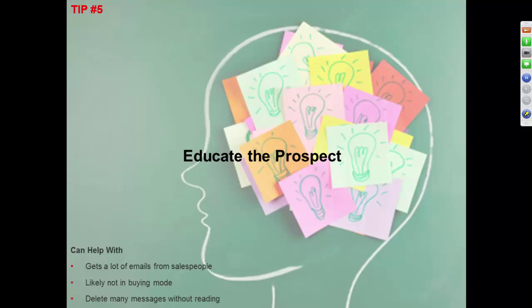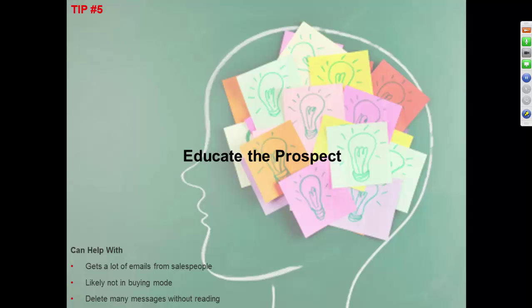Tip 5 is to educate the prospect. So if we are going to communicate and reach out and touch the prospect multiple times, then we can use all those different opportunities to teach the prospect a little bit about why they should talk to us once we finally get a hold of them. And so it's also about shifting your message.